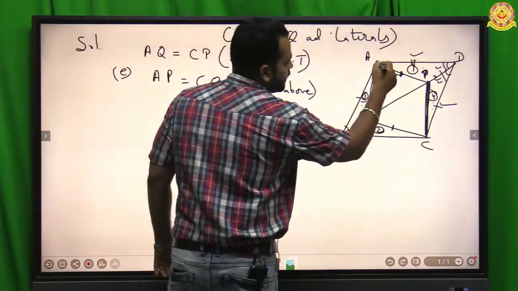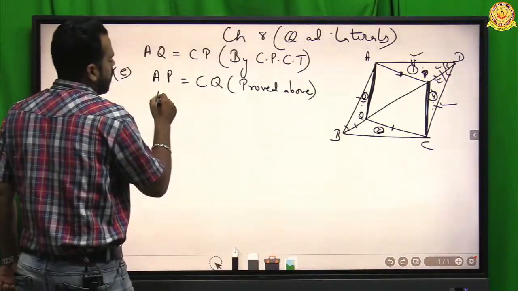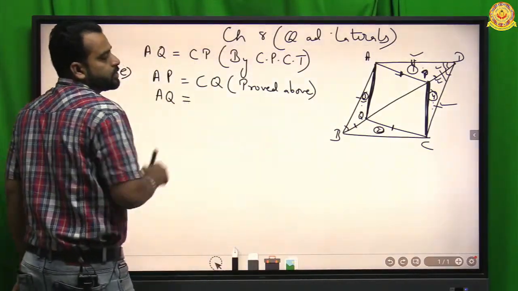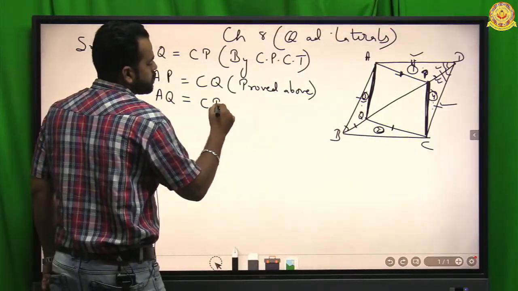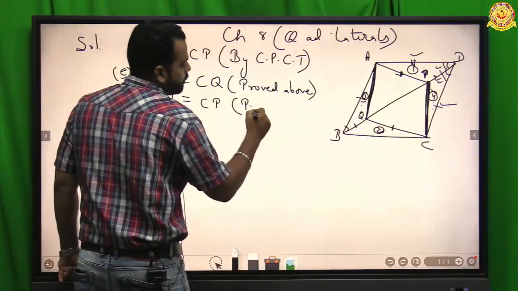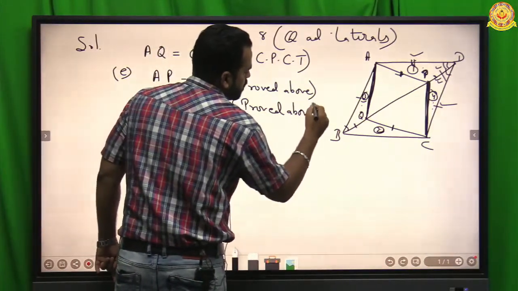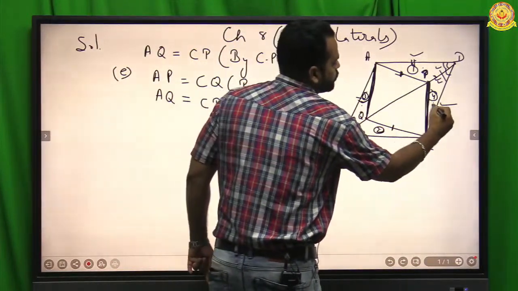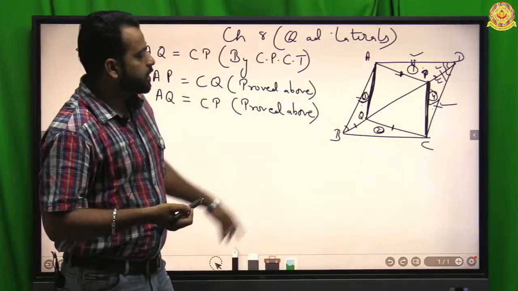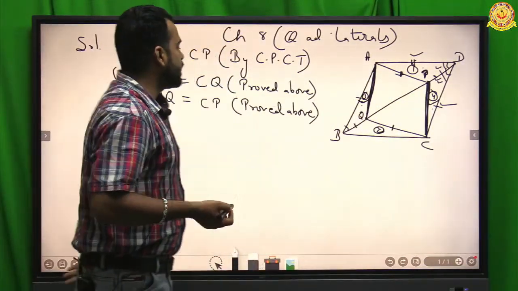Similarly we have written here that this AQ is also equal to CP. That also we proved above. Why? Because triangle number 3 is congruent to triangle number 4. So these are also their corresponding sides. Therefore, these are also equal.